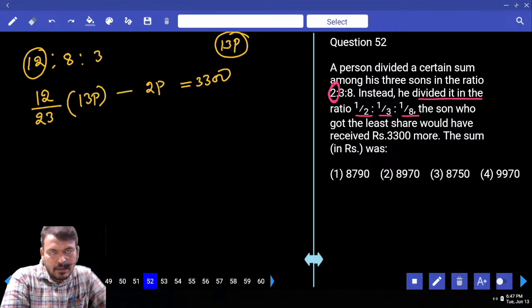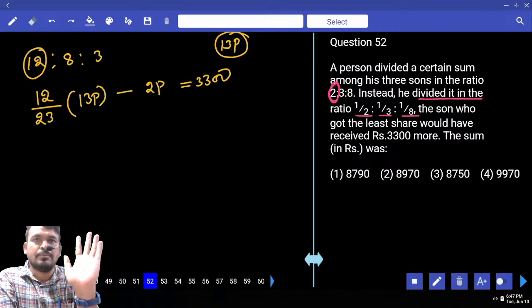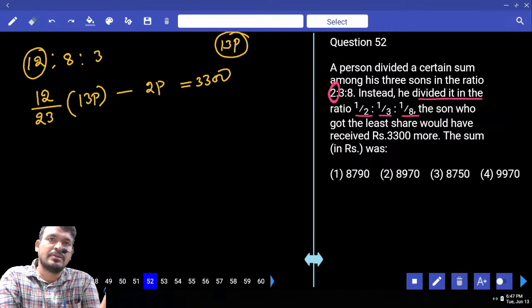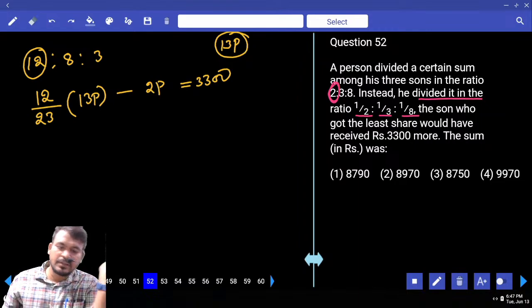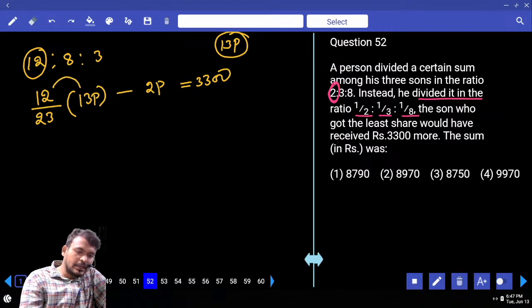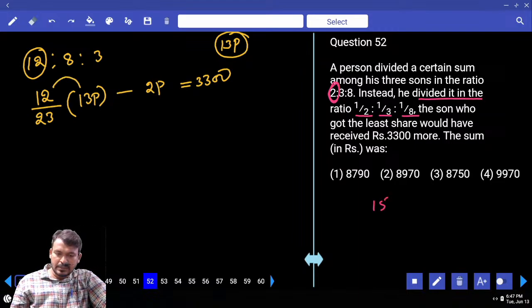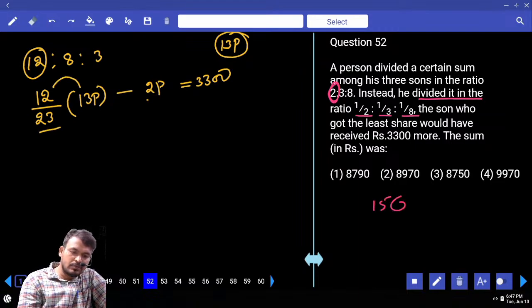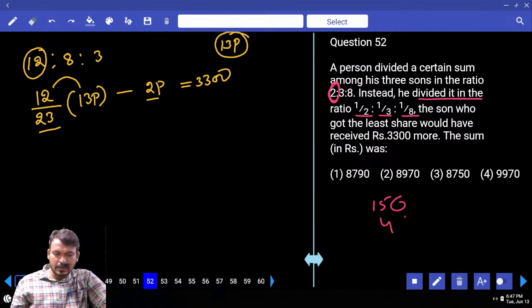Okay. If total shares are 13 parts, in that the second person's least share is how many parts? 2 parts. 2 by 13 of 13 means how many parts? 2 parts. These two differences are how much? 3,300. 12 into 13, 156. 23 into 2, 46.